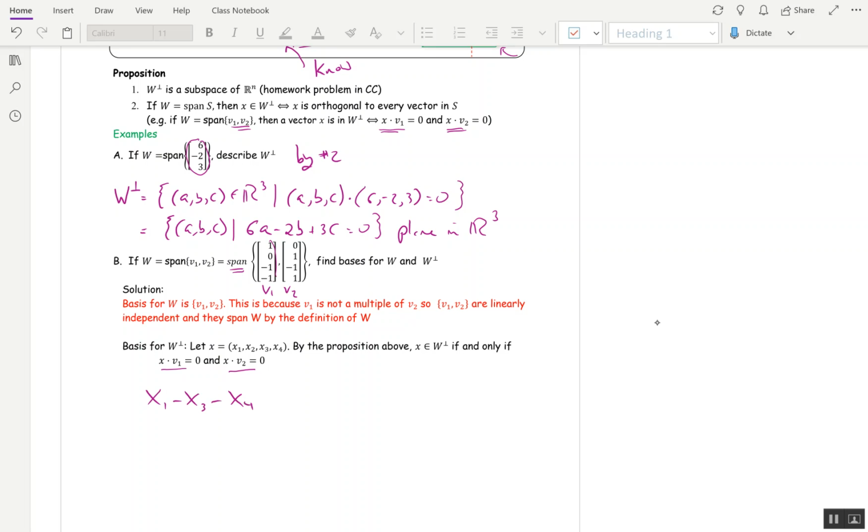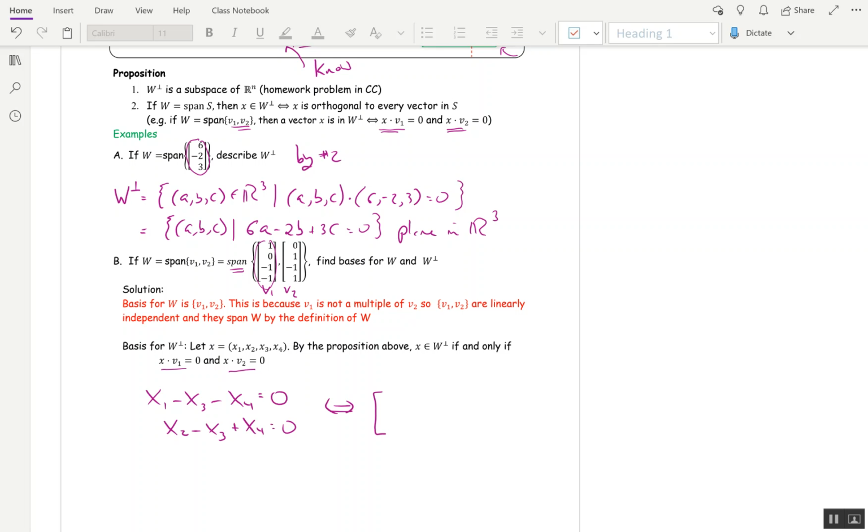So I'm just doing that in my head. And that should be 0. And then x dot v2 is x2 minus x3 plus x4. And that should be 0. So we're solving a linear system of two equations in 4 unknowns. That's all we're doing. So this is going to be if and only if.